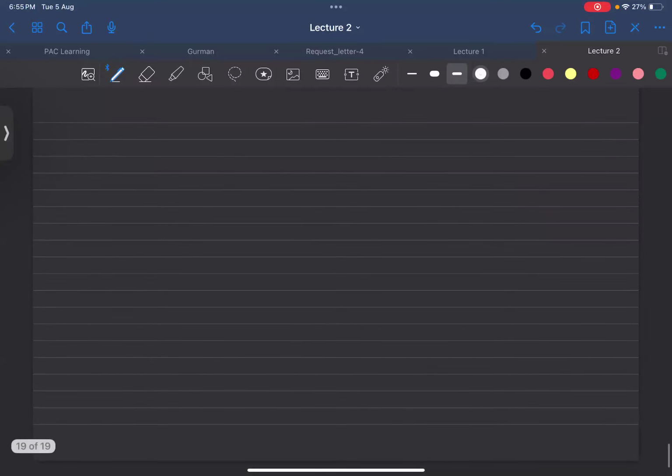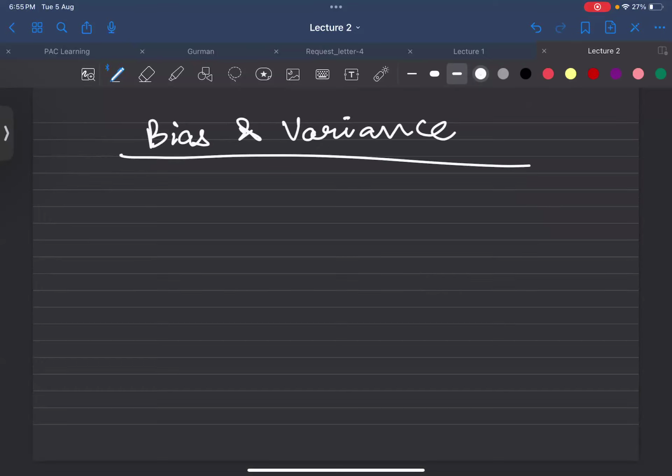Now coming to bias and variance. Though we are in the week 1 lectures only, maybe I'm slow, but it's fine. Before jumping to how the professor has told it, I want to tell you in very simple language first, so that you know what is actual bias and what is actual variance.